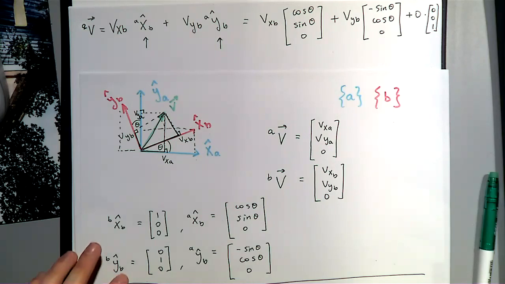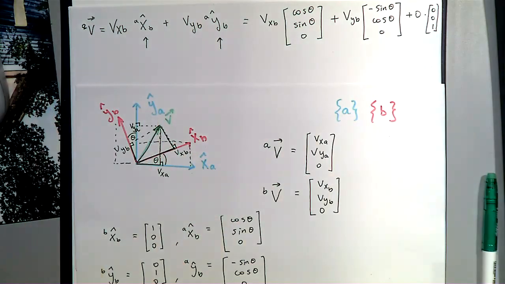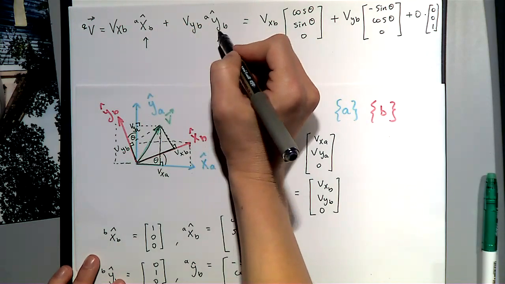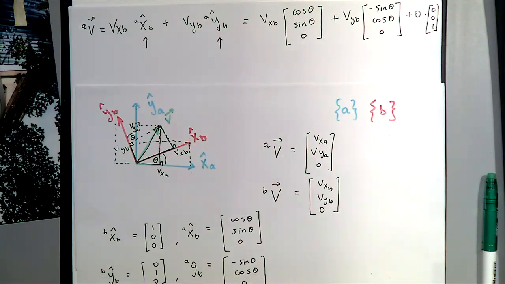All right. What I did now is this step 4, substituting the result from step 3 into step 2. Kind of. Okay, so I looked at these directions, xb and yb, but I represented everything in frame A.